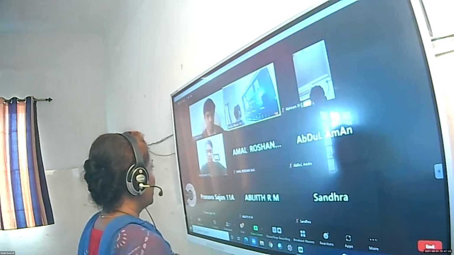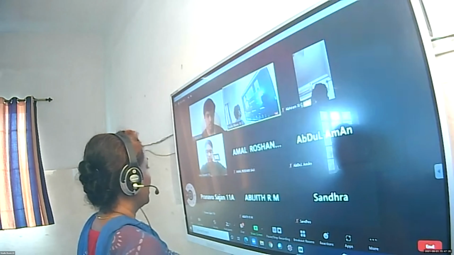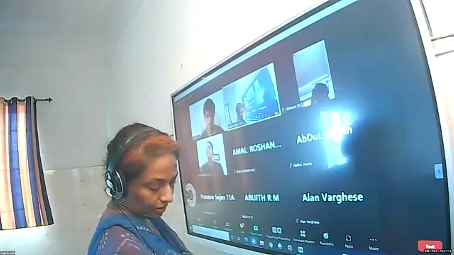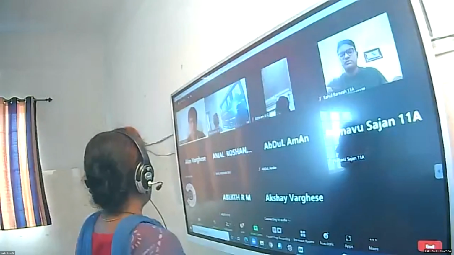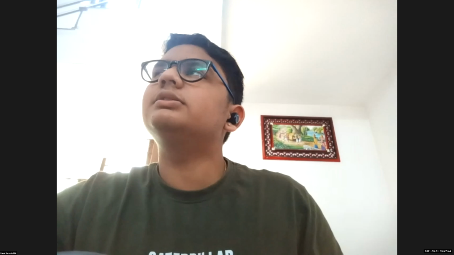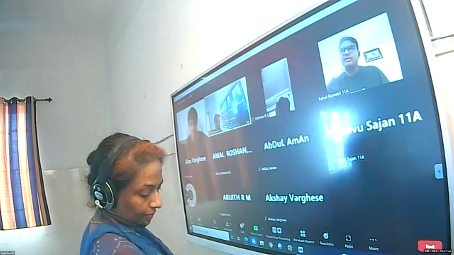How to find that? Rahul, can you say? How to get a median? Ma'am, mode, right? Median is in ogive. How to get it? Ma'am, the highest modal class and the lower modal class by 2.